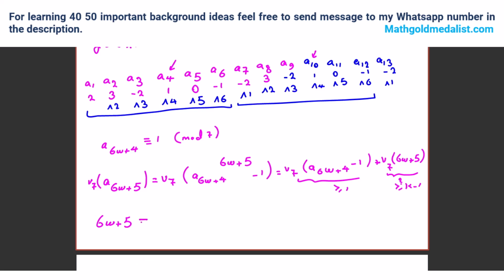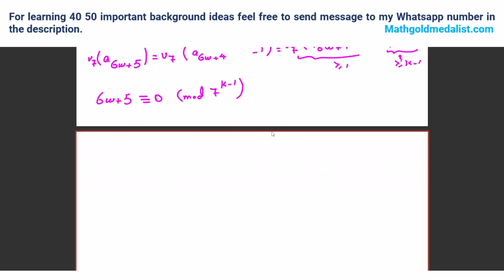6w plus 5, if it is 0 mod 7 to the k minus 1, I should find at least one w that it's a multiple of 7 to the k minus 1. It's easy because you say, okay, 6w is negative 5 mod 7 to the k minus 1. And 6 has a multiplicative inverse mod 7 to the k minus 1 because GCD of 6 and 7 to the k minus 1 is 1.